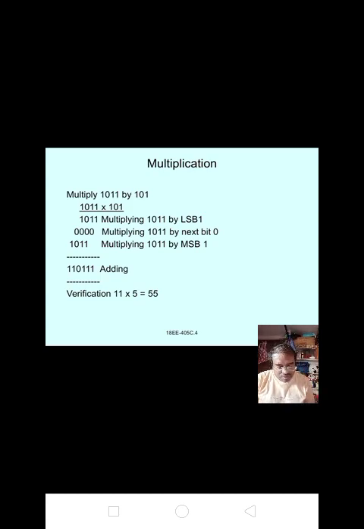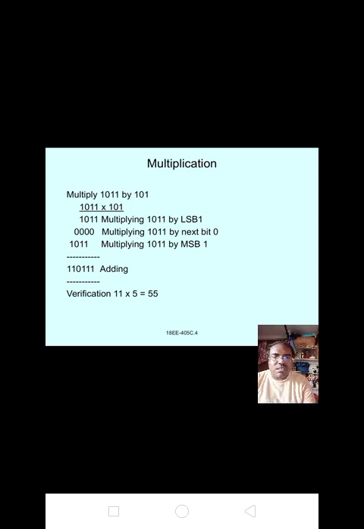Okay, 1011 means 11, 101 means 5, total value is 55. Here 110111 means 32 plus 16 is 48, plus 4 is 52, plus 2 is 54, plus 1 is 55. The answer is matched: 110111 is the answer.